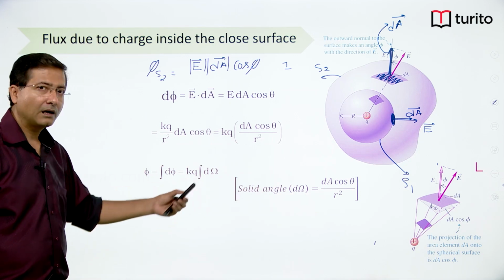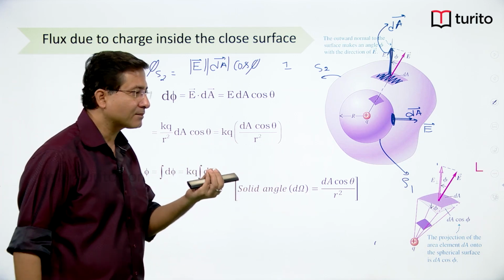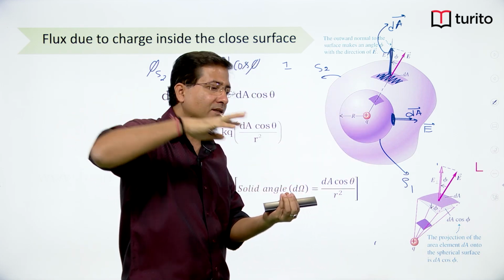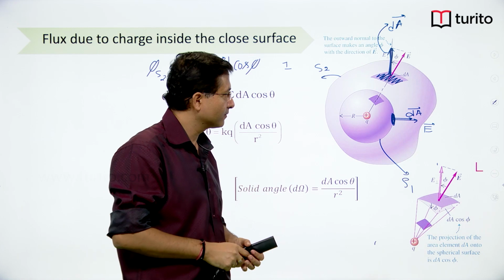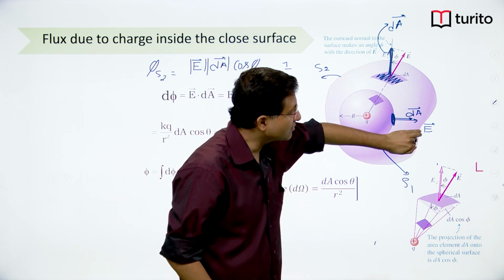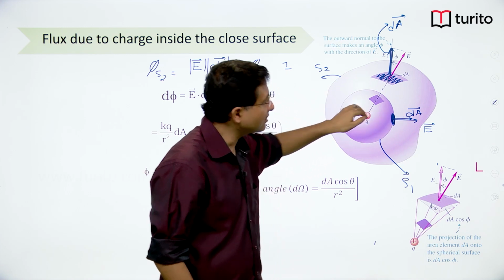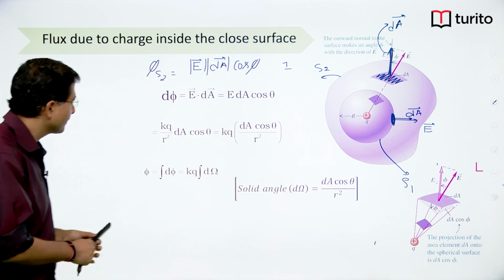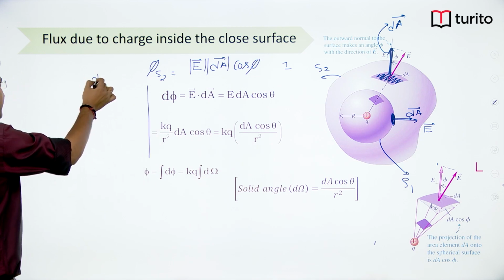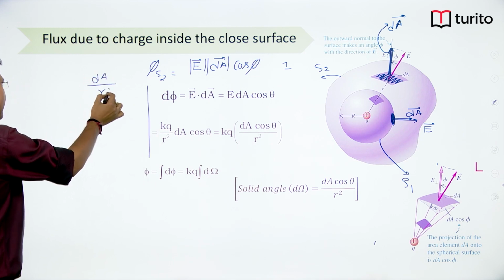Now, what is the angle subtended by the surface enclosing the charge at the charge? So, angle subtended in 3 dimension by this surface at the charge is 4 pi. Solid angle formula was d area divided by r square.